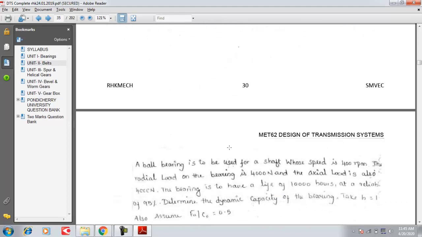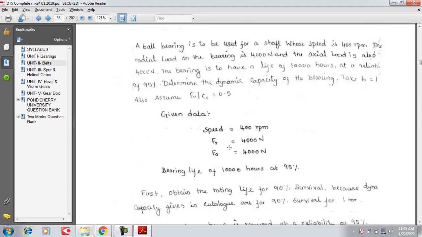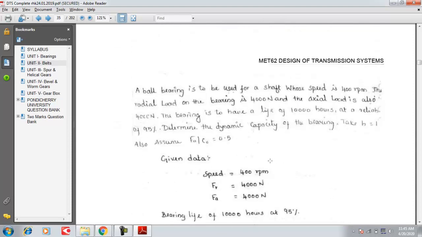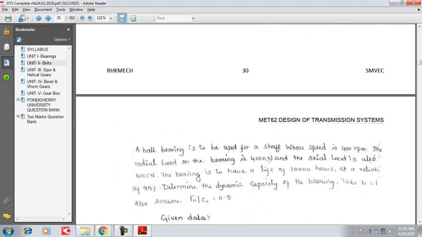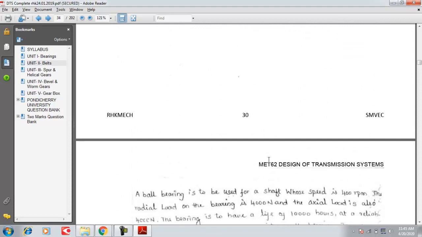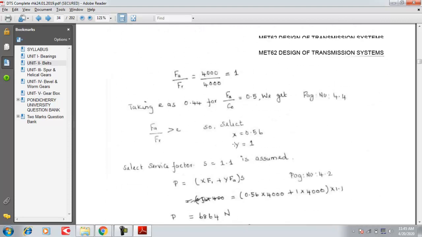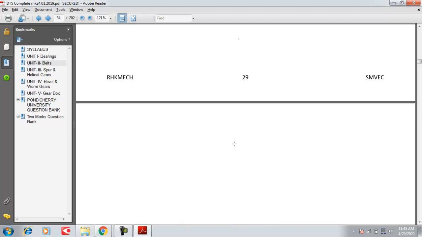That is the probability of survival for 95%. That's what we found. Okay. Here the L-10 that we found is nothing but the 90% that has to be used in this formula as L, because that's what they have given for the problem. 95% of survival has to be calculated.